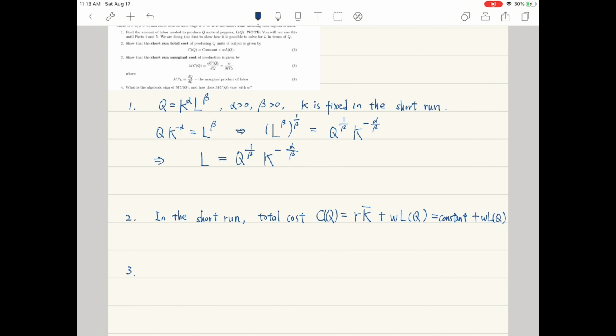For the third question, to find the marginal cost, we take the derivative of the total cost with respect to quantity.